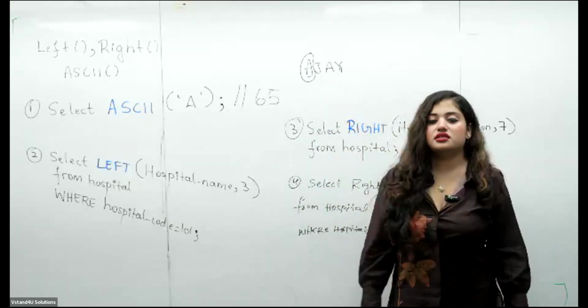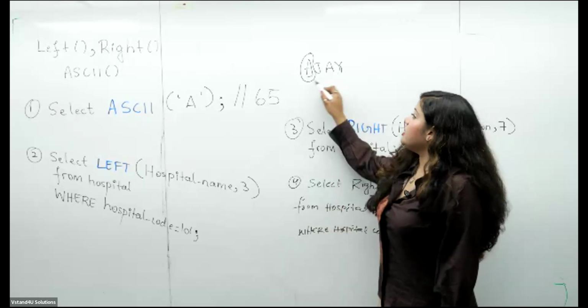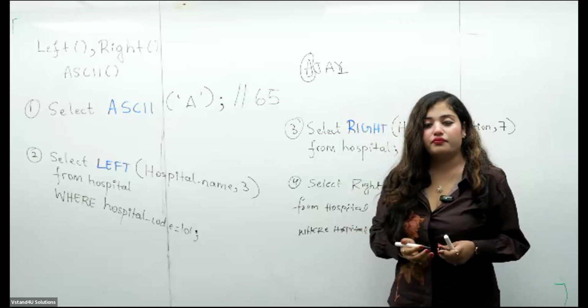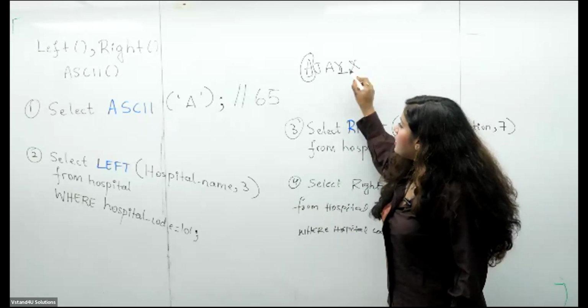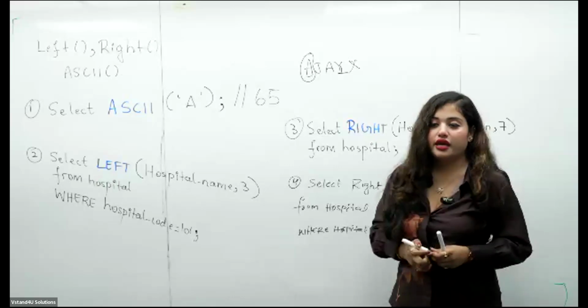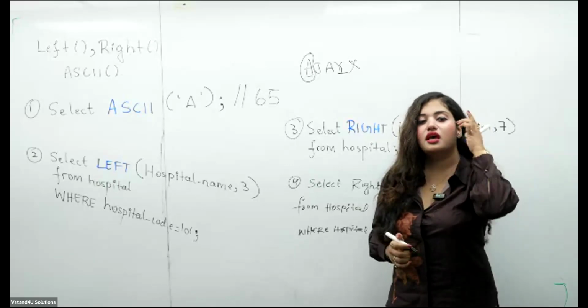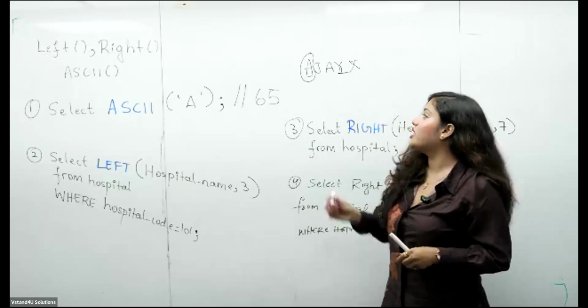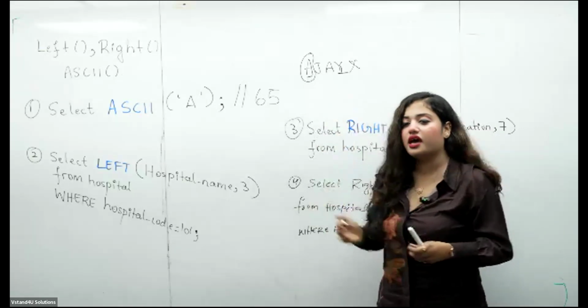If I say you get the ASCII value for the last letter Y, you will not get it. Why? Because the ASCII function is only used to get the value of the very first character.